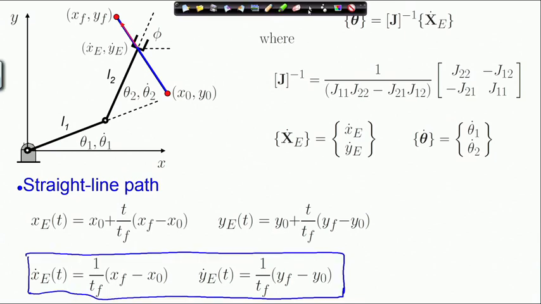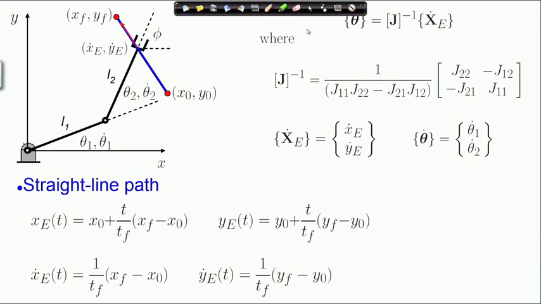So, once I have the velocity, now I can very easily, so I have the right hand side here, this is the right hand side. The velocity of the end effector point forms the right hand side of this inverse velocity relation, and through the inverse Jacobian I obtain the joint velocity rates. So, joint velocity vector.